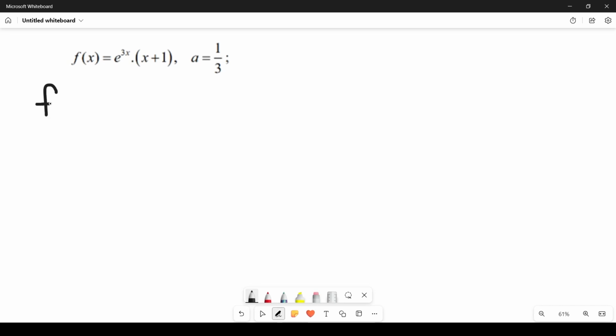So the first thing we have to do is probably tell you the formula of how we find the derivative.